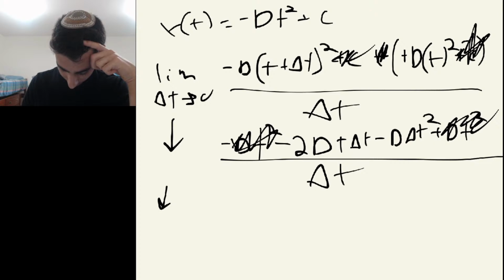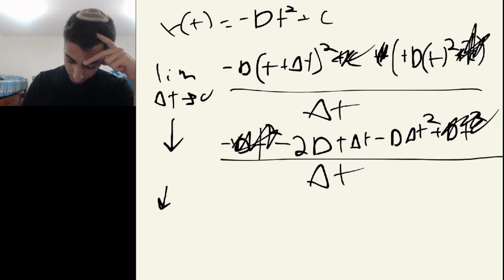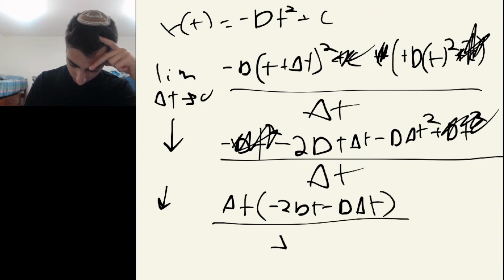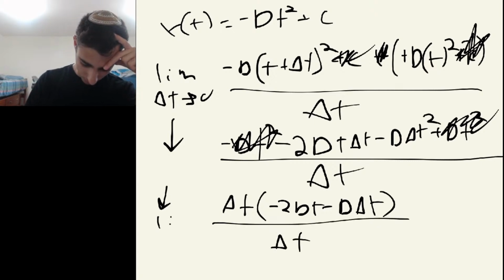This has a delta t in it, this has a delta t in it. So we could take out a delta t, and say delta t times negative 2d t minus d delta t, over delta t, as the limit as delta t approaches 0.